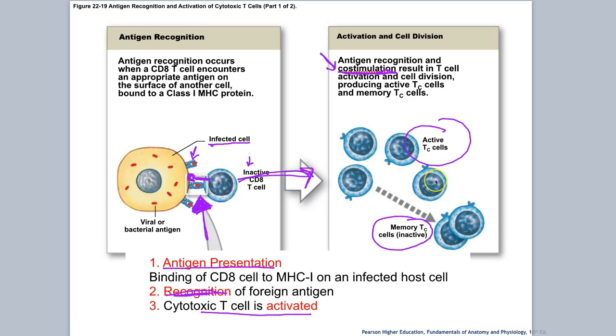I should begin multiplying and undergo activation. So this co-stimulation step is like the T cell saying to the host cell, are you really infected? And the host cell saying, yep. And so the T cell's like, okay, let's make that immune response happen.